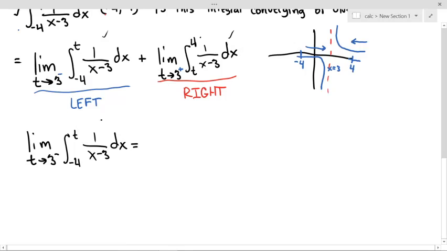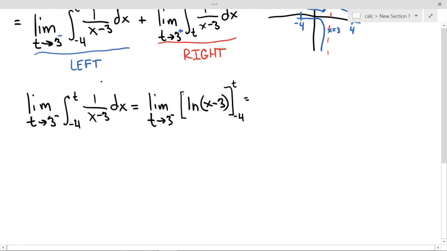All we do is take the antiderivative, and the antiderivative of 1 over x minus 3, because you're all smart, should be the natural log of x minus 3, going from negative 4 to our value t.